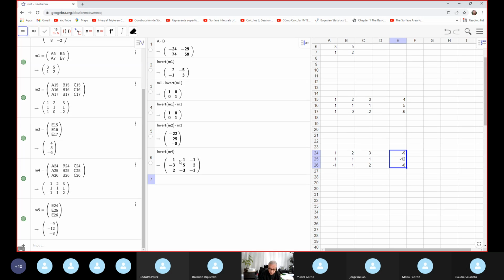Now let's finish that part. This is the multiplication, this time M5. So again I type invert matrix of M4 times M5.